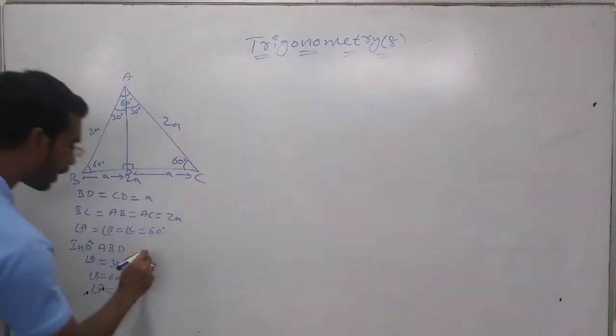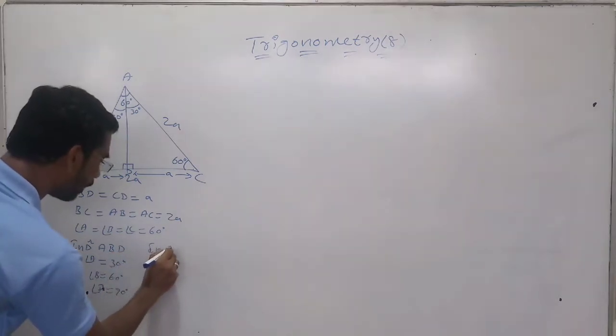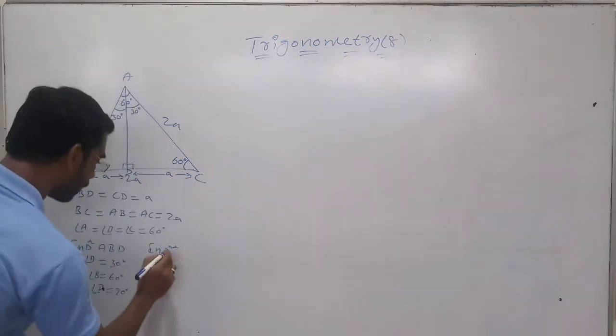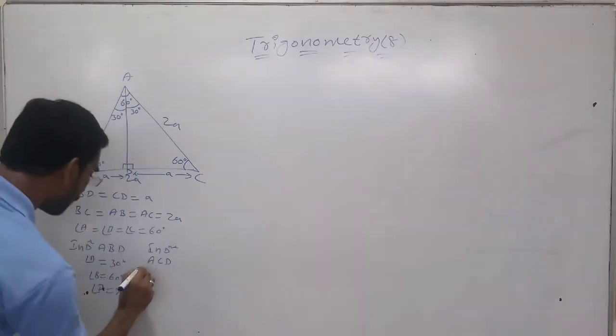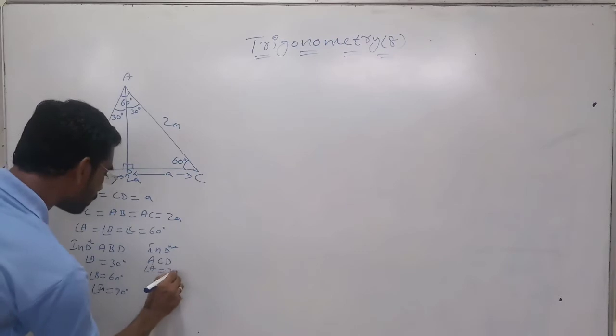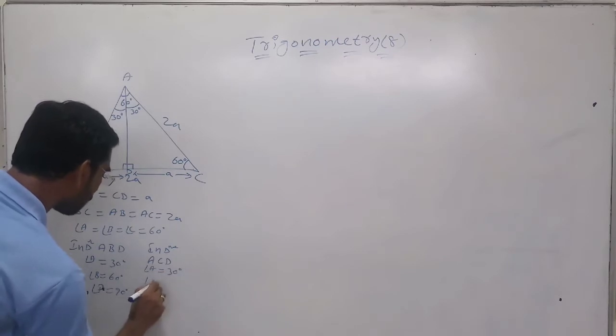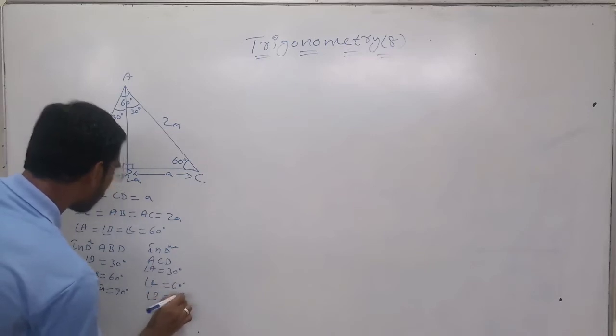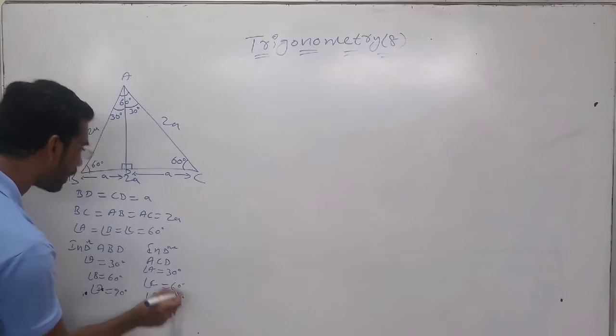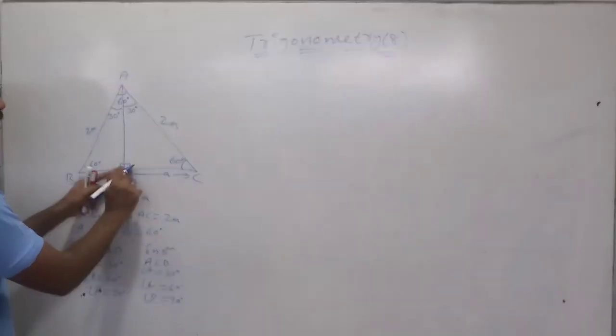Okay. Like that, the same in triangle ADC or ACD, angle A is equal to 30 degrees, angle C is equal to 60 degrees and angle D is equal to 90 degrees. When it is forming the perpendicular, it will form the 90 degrees on both the sides.